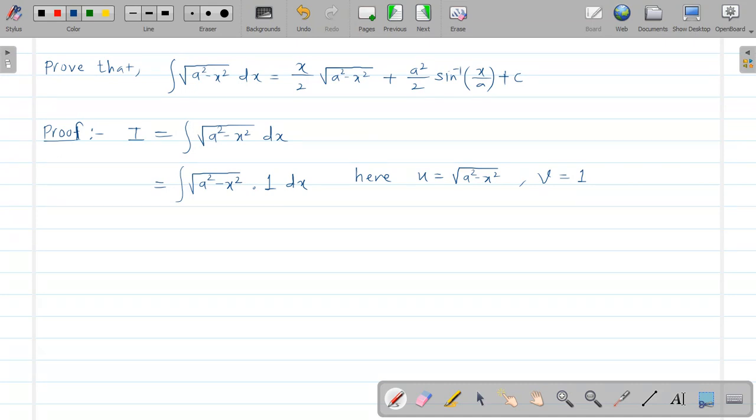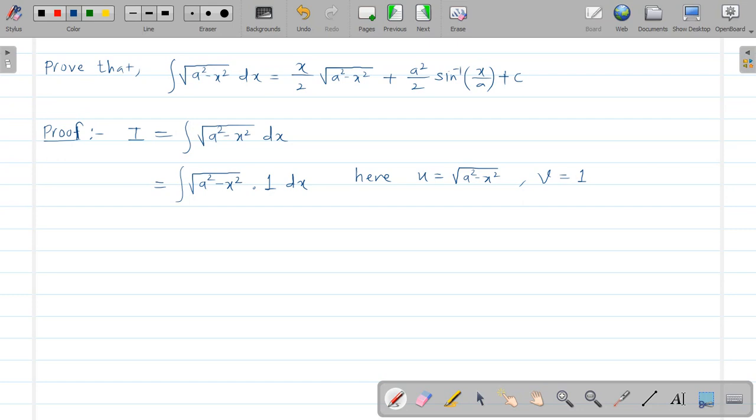Now here both the functions are algebraic functions, but we have to keep 1 as a second function, because in that rule we have to evaluate the integration of the second function. So it will be convenient for you to take the 1 as a second function here.